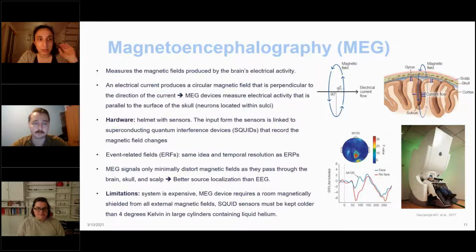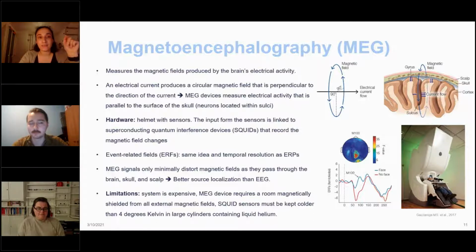Basically, the hardware is a helmet with sensors, and the input from the sensors is linked to a SQUID device that can record magnetic field changes.